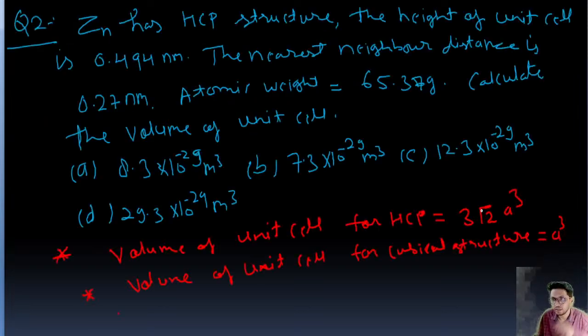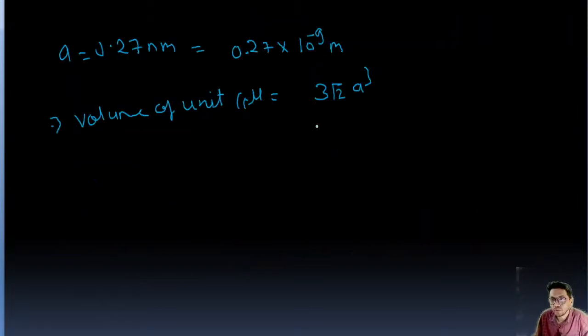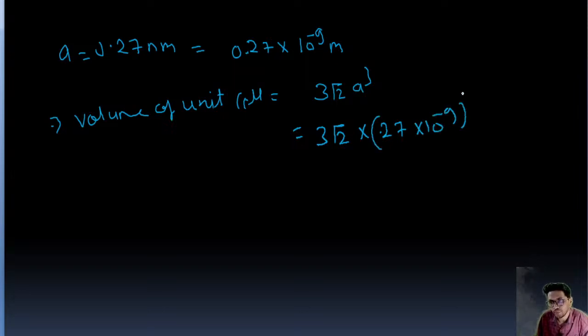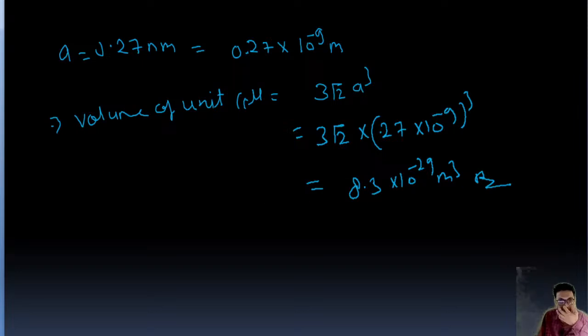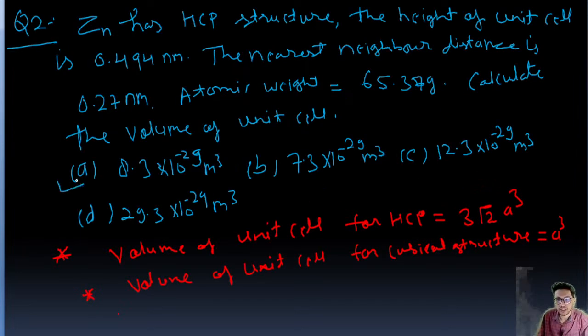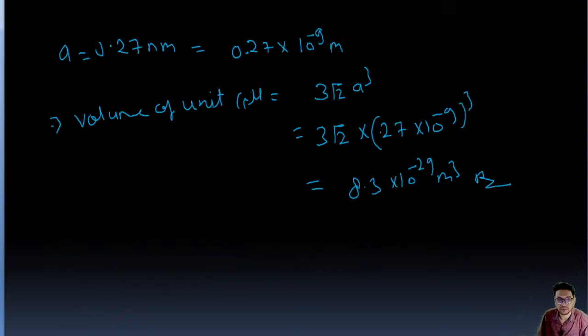This one, 3 root 2 into 0.27 into 10 to the power minus 9 cube. We'll solve it, and this value is 8.3 into 10 to the power minus 29 meter cube. So this is the answer, guys. Which option is matching? Option A is matching, guys.